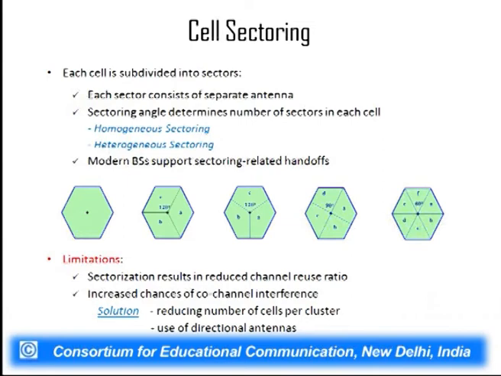So, what is the solution? The solution is we can reduce the number of cells per cluster, or we can use directional antennas. Using directional antennas means a sector can use a frequency band that is entirely different from the other bands in that particular channel reuse ratio.